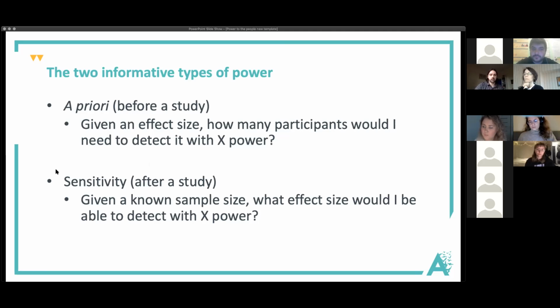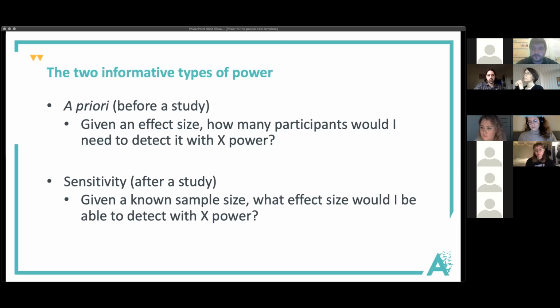One of the things that you see in different places, but it's really not very useful, is what's called post hoc power. Things like SPSS will give it to you, and it's attractive because it makes it sound like, based on the result I found, how much power did I have to detect it?